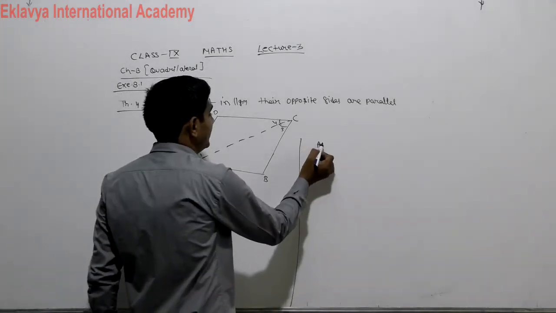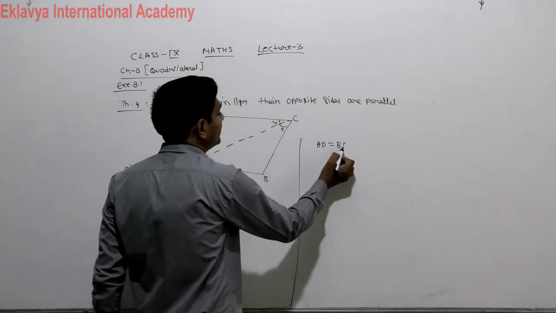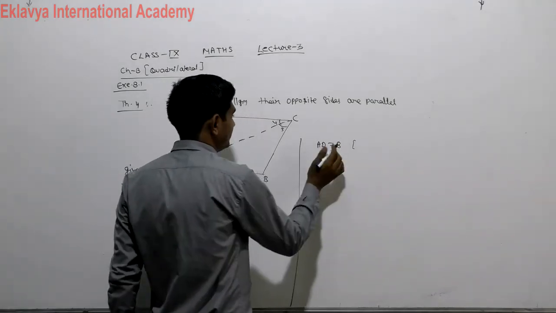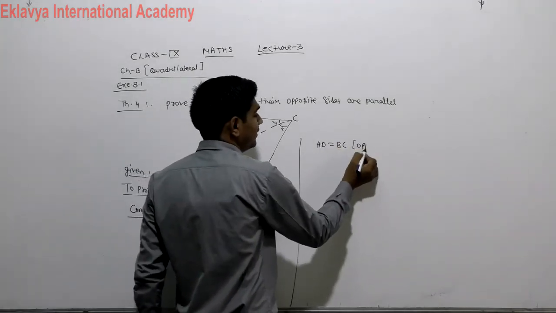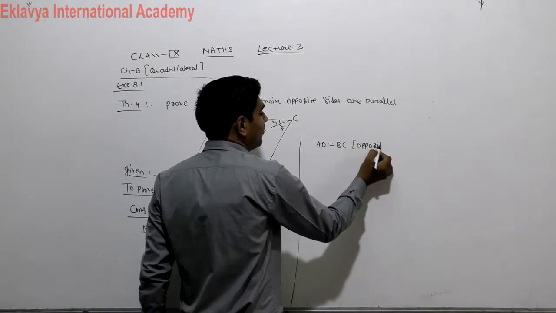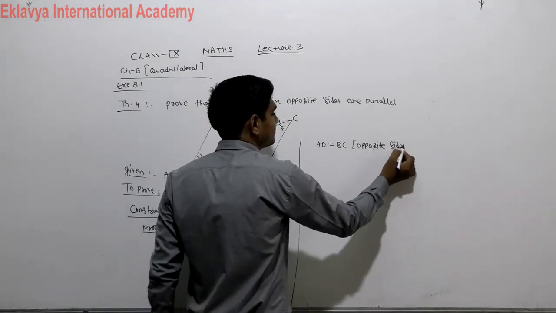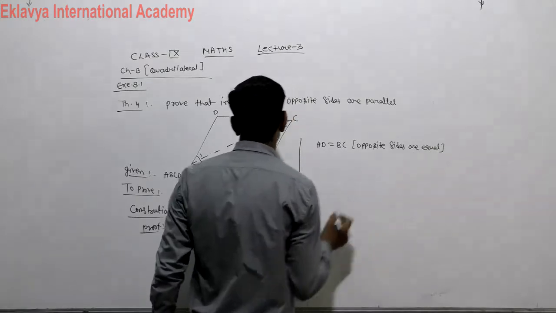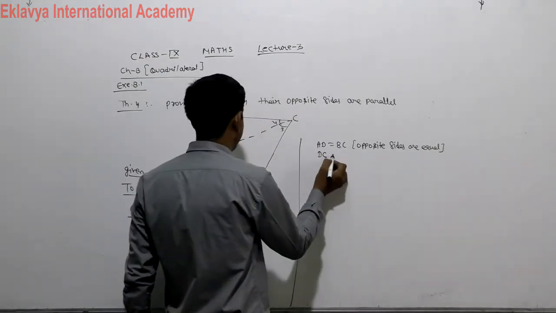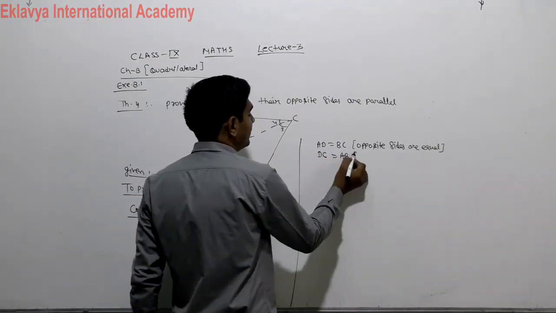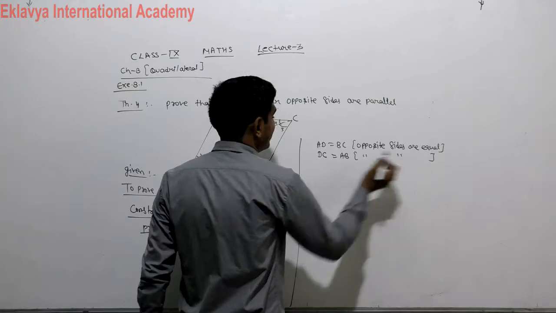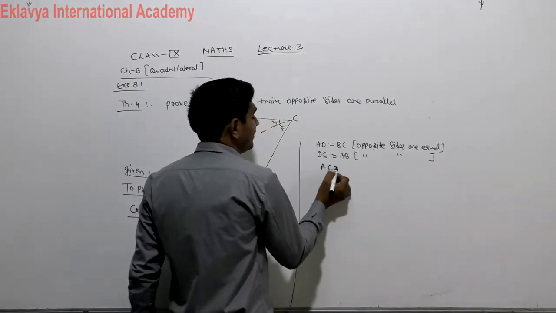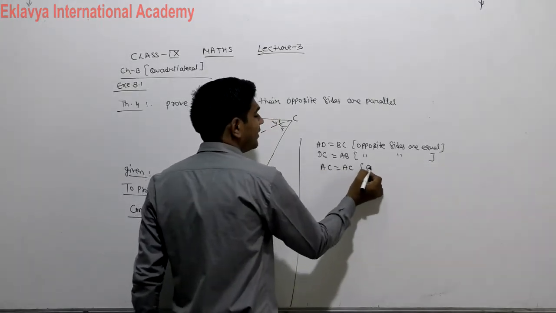Firstly, AD is equal to BC. Reason: opposite sides are equal. Second, DC is equal to AB, same reason, opposite sides are equal. Third, AC is equal to AC, it is common.